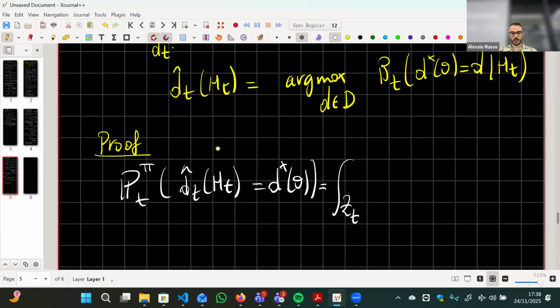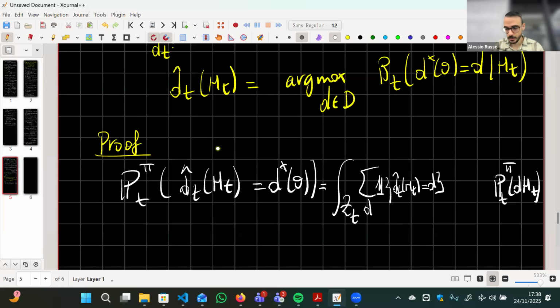So here we have an integral over all possible trajectories of the probability of observing that trajectory under pi, of the sum over decisions d of the indicator function that d hat t for that h_t is equal to d, times the probability that d star theta is equal to d given h_t.